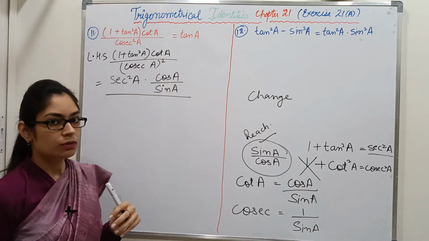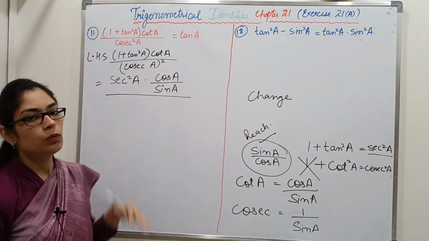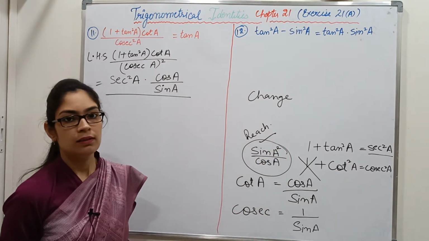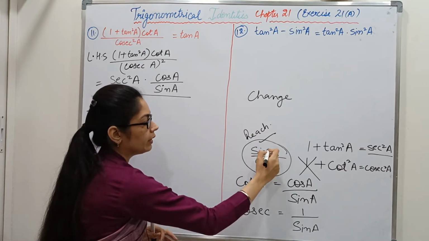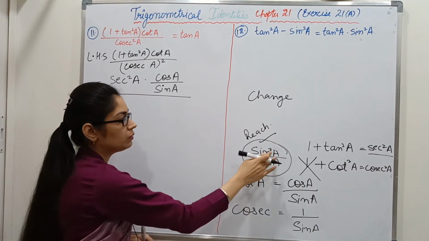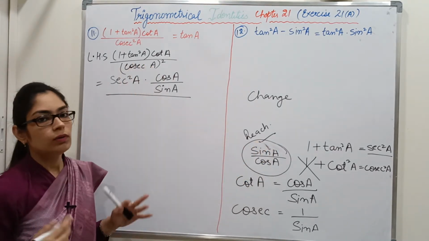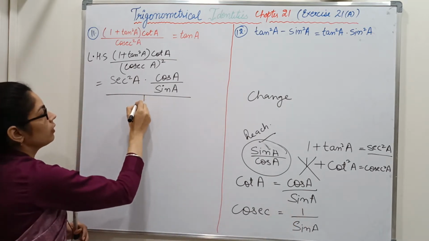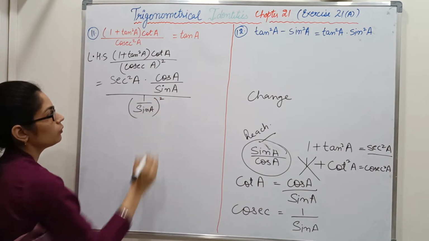In the very first video I told you that if square is here, it is a whole square. Don't write square on the angle. It will be completely wrong. We always have to write square here, and this square also means whole square. So I can write it like this: cosecant A, whole square. So cosecant I can write as 1 by sin, and then I can write it as whole square.